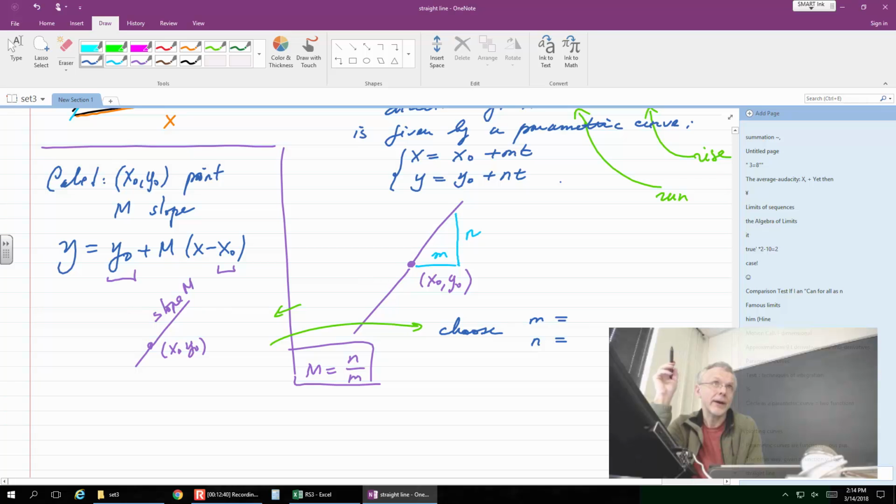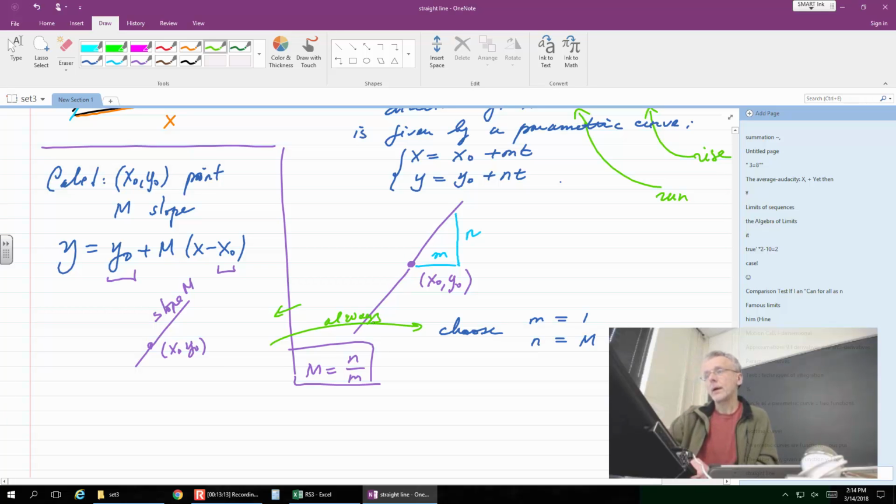What kind of fraction is the simplest? Those whose denominator is 1. So the easiest way is probably to choose m to be equal to 1, and then n is capital M. That's the easiest choice. This way works out always.